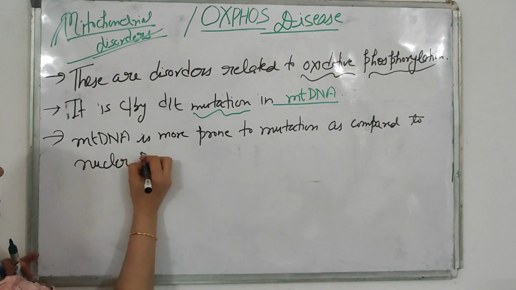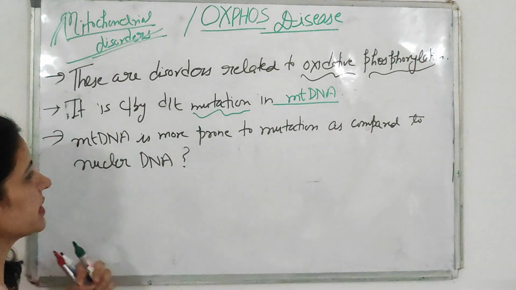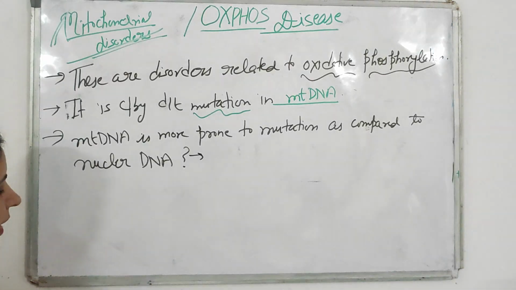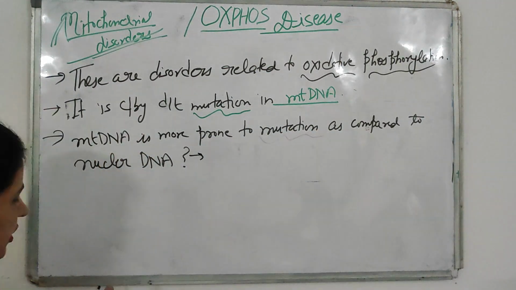The mitochondrial DNA is more prone to mutation as compared to nuclear DNA. So what is the reason?